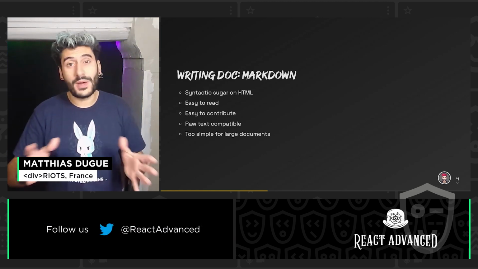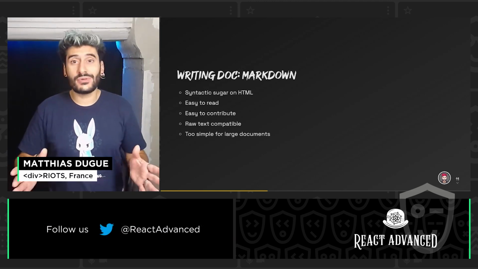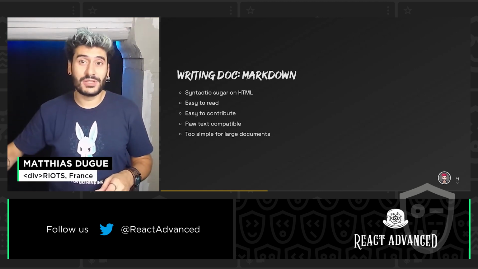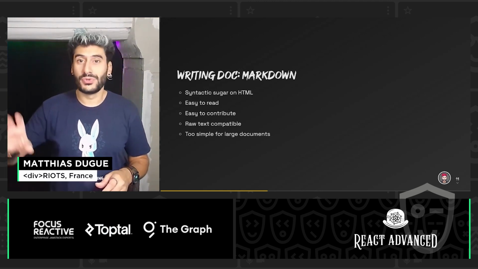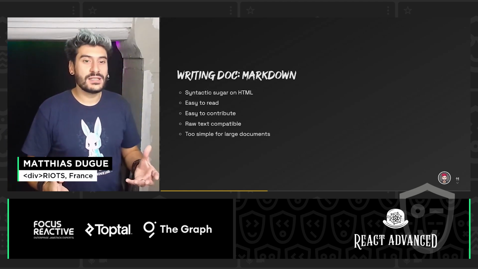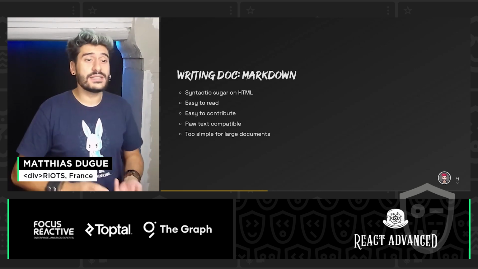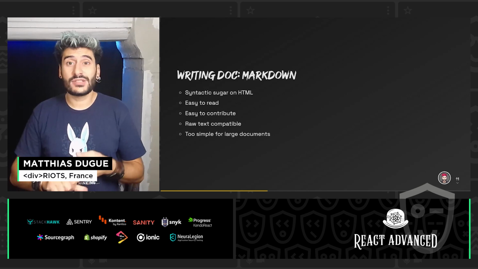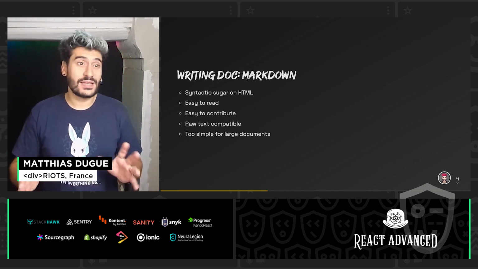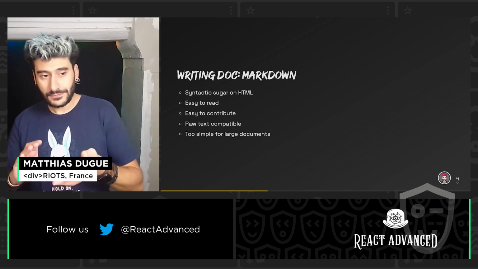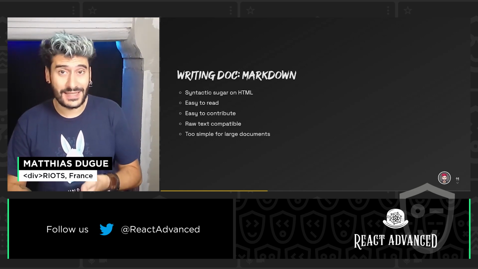You probably know Markdown because it's almost everywhere right now, from GitHub to any CMS or document production platform. So it's a really simple syntax, easy to read, easy to contribute to, even if you're not technical at all, because this is just writing text with some markup that is just simple characters. So it's not that complex. It's compatible with any text editor.